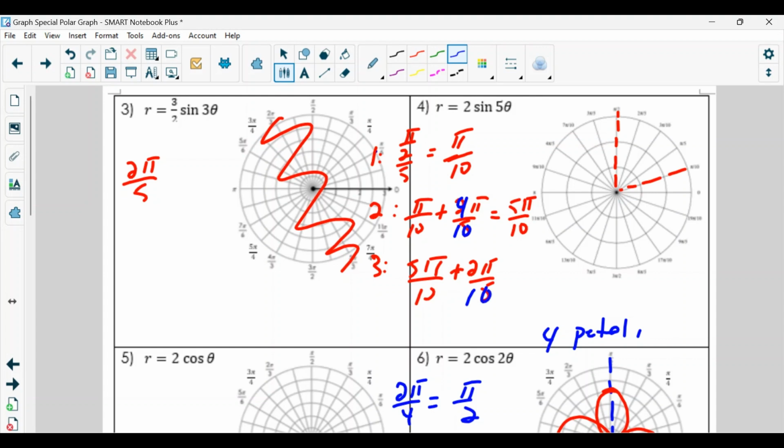Now this becomes 10, this becomes 4, and that gives me 15 pi over 10. And if I reduce that, that gives me 3 pi over 5. Is that 3 pi over 5?